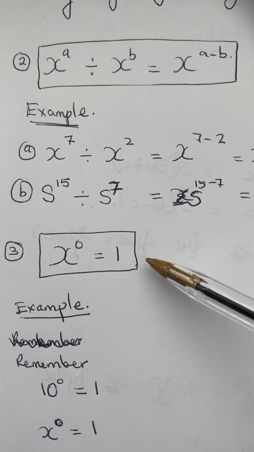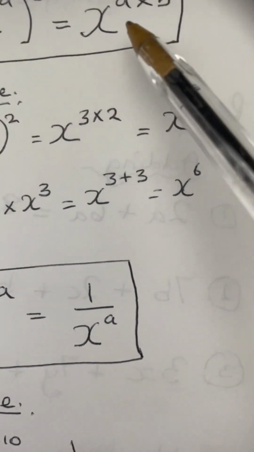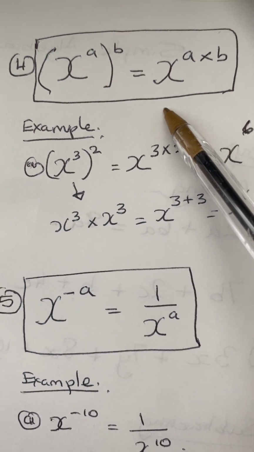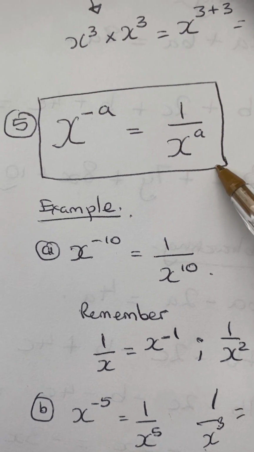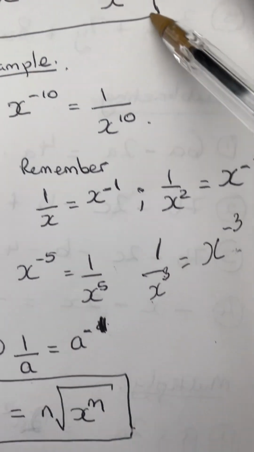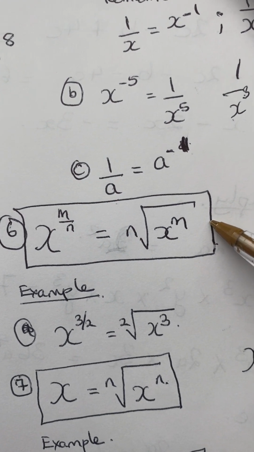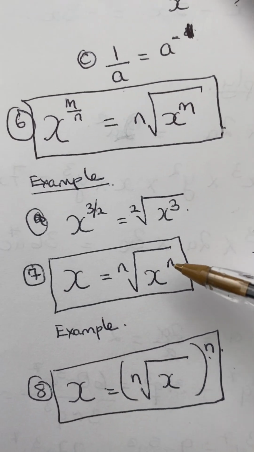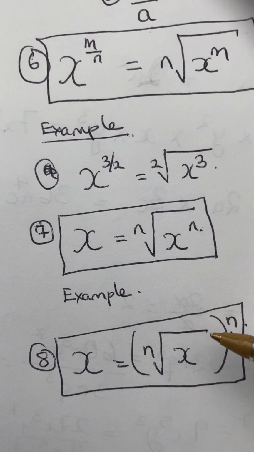The third one is this. The fourth one today is this. The fifth one is this. The sixth one is this one. From the sixth one, the seventh one is this, and the eighth one is this.